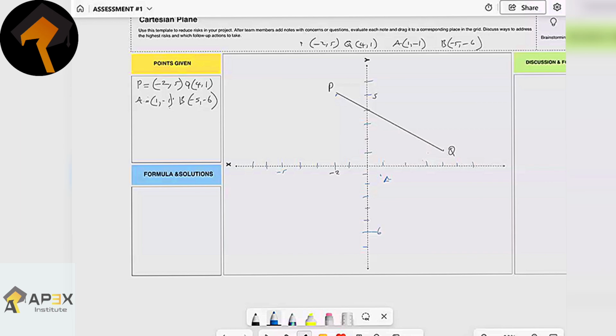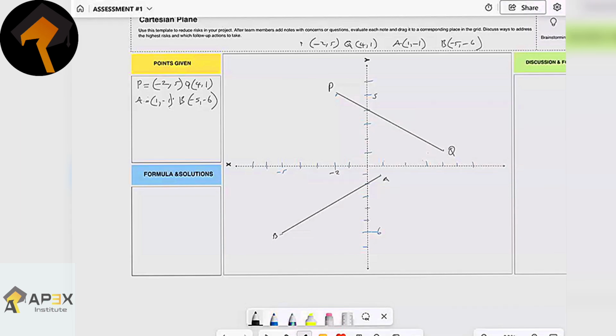So we should be about there. We should end up with a diagram like this. This would be the point B, and this would be the point A. If you have something looking very close to that, then you are doing pretty good.